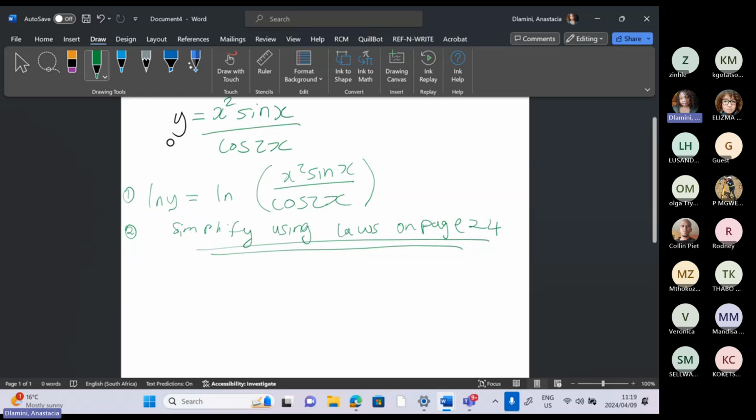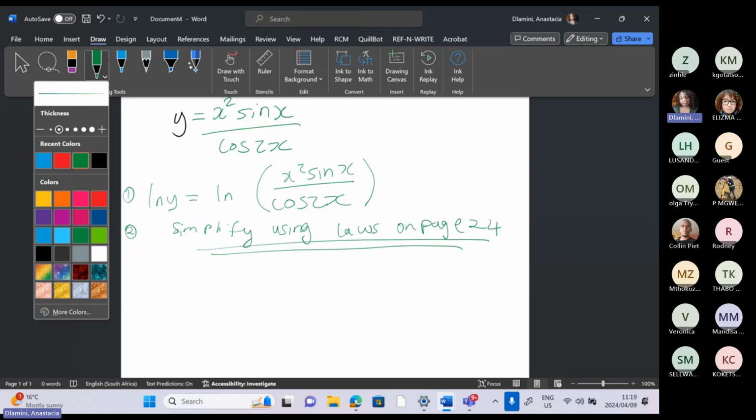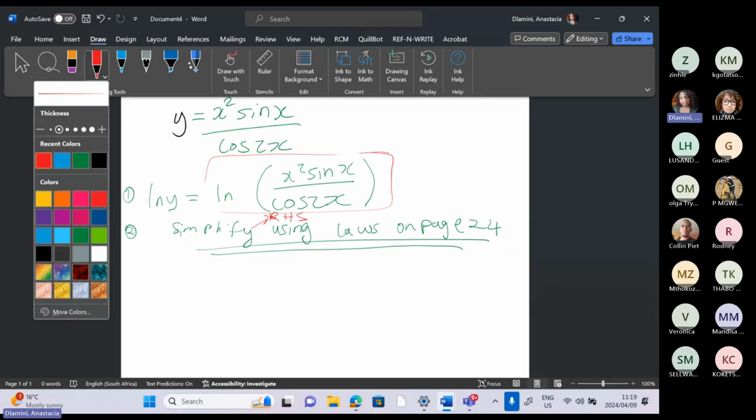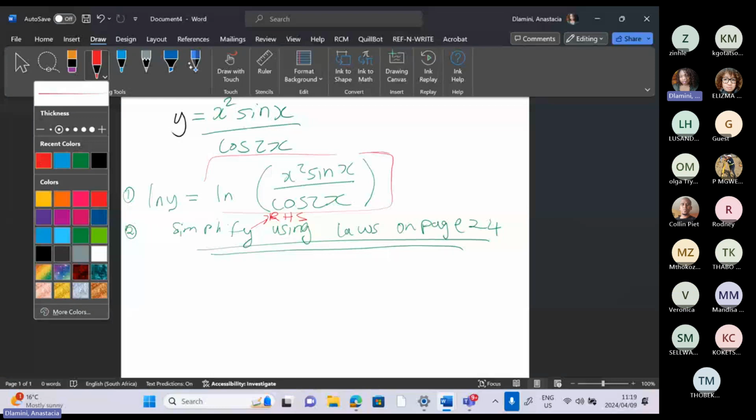Which law are we going to use here? So let's simplify the right hand side, meaning this side here, because it's the only one that needs simplification. Let's simplify, guys. Which law are we going to use here?